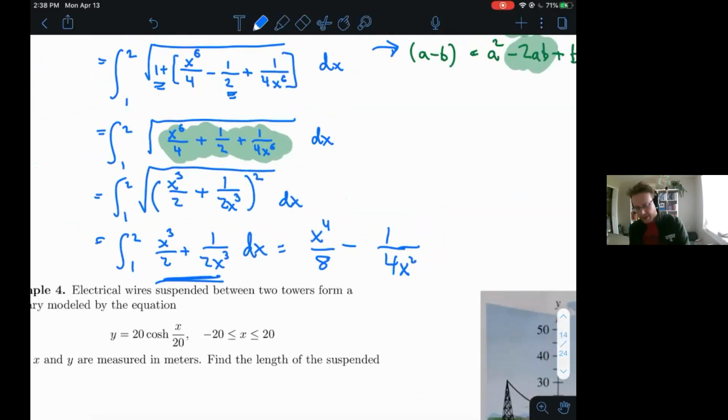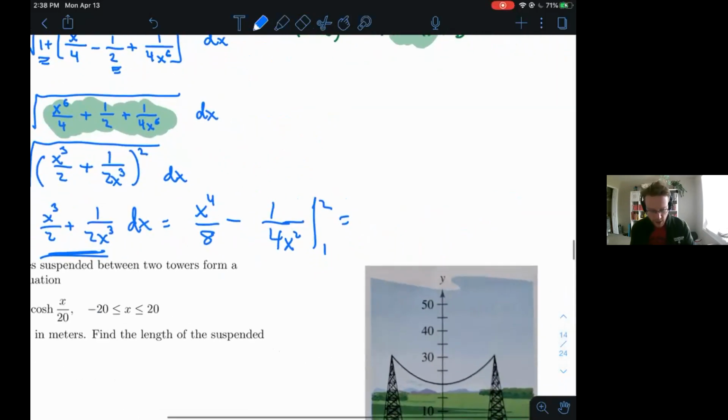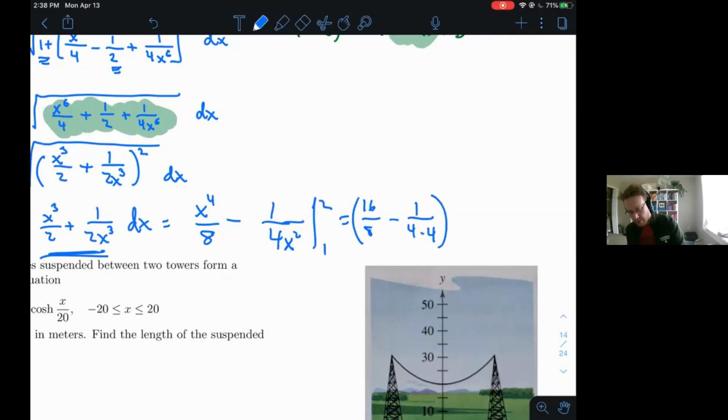Now we need to evaluate this from 1 to 2, and we win the game. If I plug in 2 here, 2 raised to the 4th power is going to be 16. We need to divide that by 8, minus 1/4, and 2 squared is going to be a 4. That's when I was plugging in 2. When I plug in 1, I'm going to have 1/8 minus 1/4.